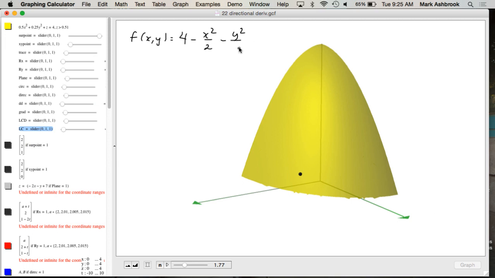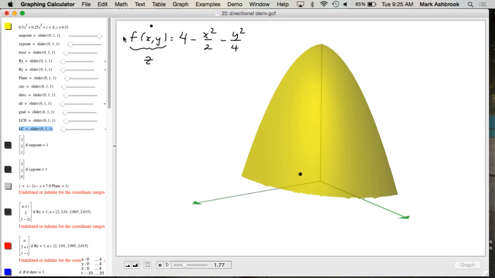Or if we're thinking about sketching the surface, how many variables do we have? No, not 2. This is z, right? The dependent variable f of x, y, if we put that in R3, that would be z. So we have all 3 variables, in terms of sketching a surface is what I mean.